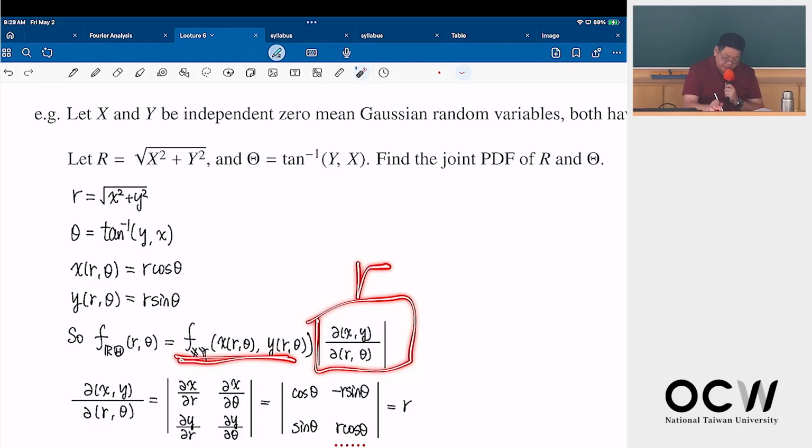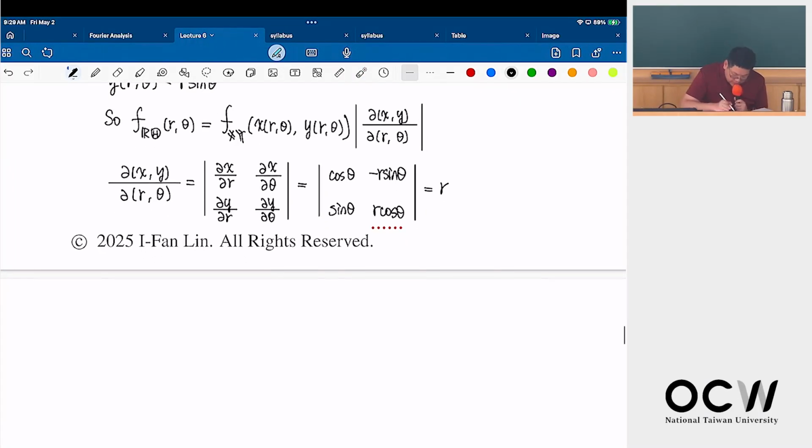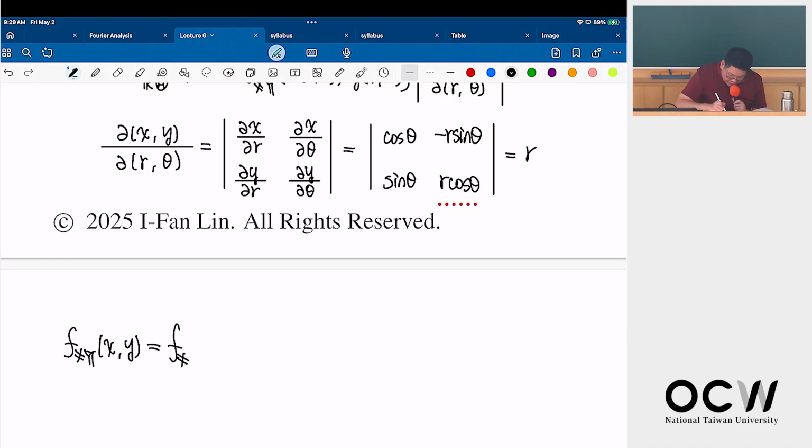And we know that for the joint PDF of xy, they're independent Gaussian. So I can separate that into f of x and f of y. So the joint PDF of x, y will be the multiplication of their individual or marginal PDFs.